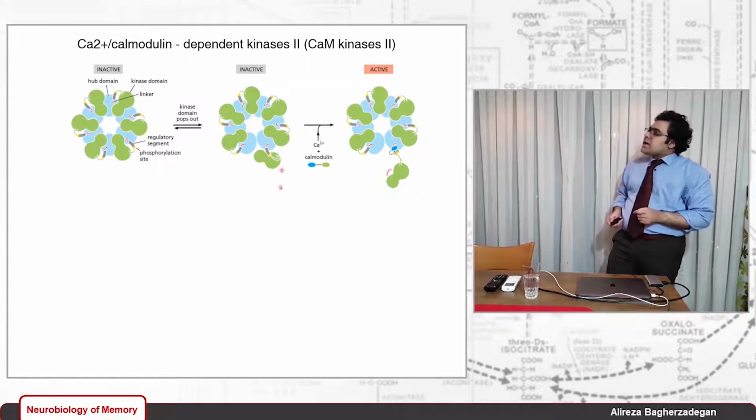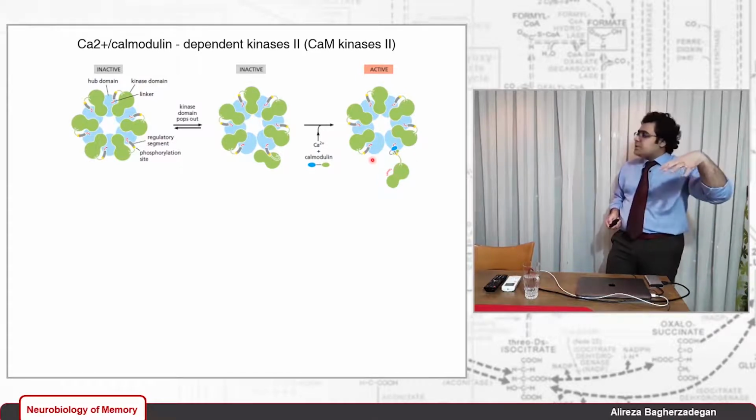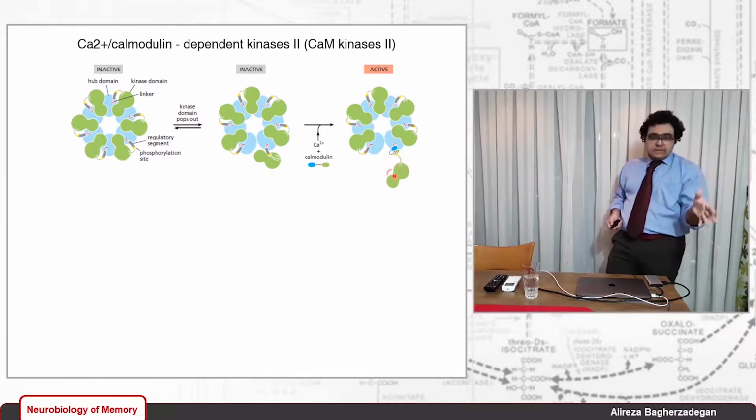Okay, and now it is in the active state, because the regulatory segment of this kinase enzyme is now occupied by calcium calmodulin, and now the kinase is active. So again, when it is inactive, it is at a dynamic equilibrium between these two states.